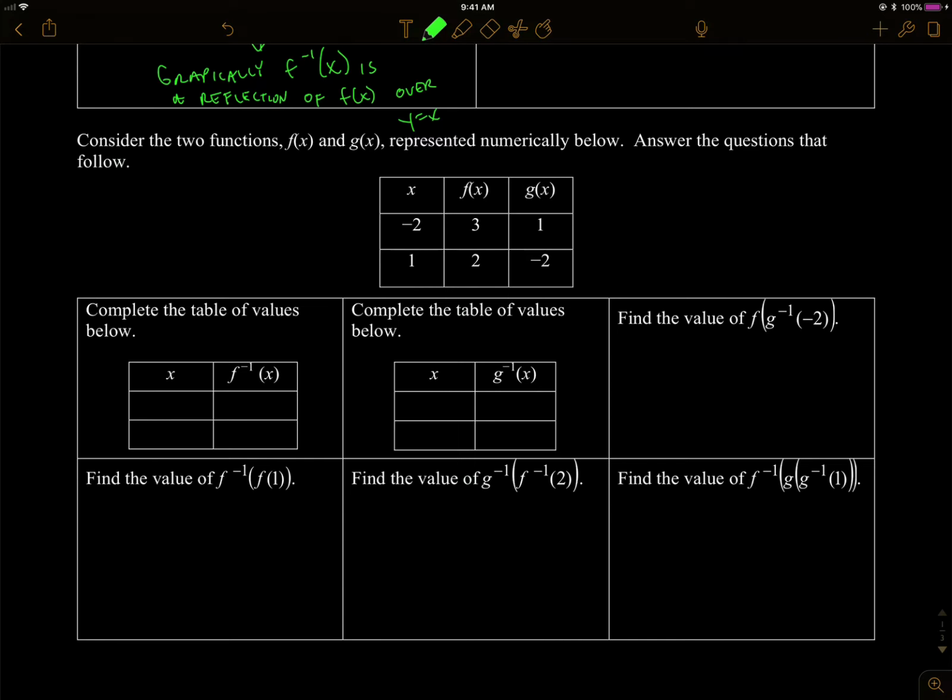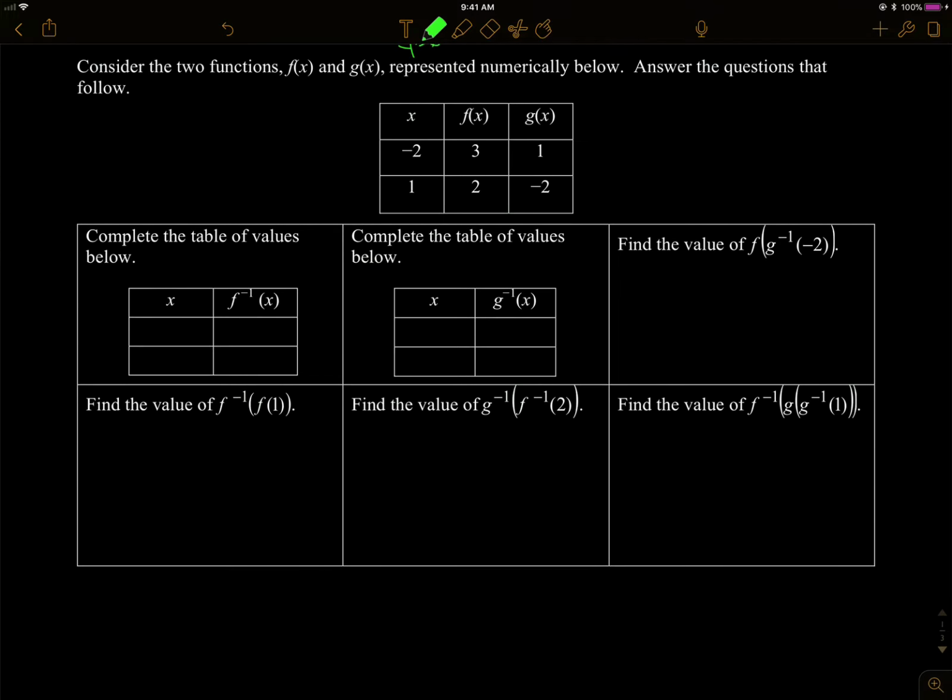Let's look at how we do some of this when we have a table of values, because a lot of this stuff will be done with tables. If I want to make a table of values for f inverse, I just take all my y values for f of x, that's 3 and 2, and I point them back to the x values. So 3 points back to -2, and 2 points back to 1. So that's how I make that table.